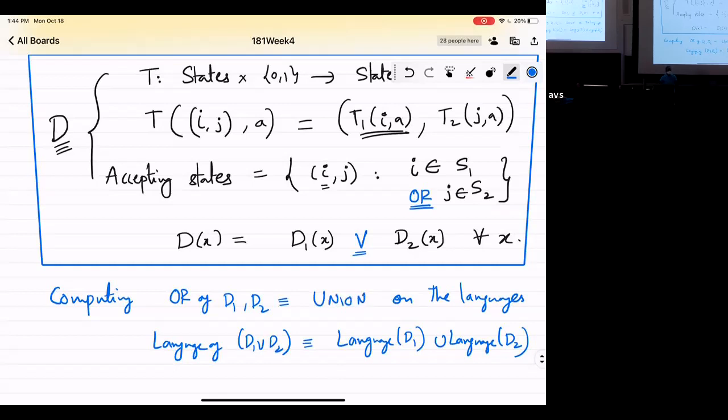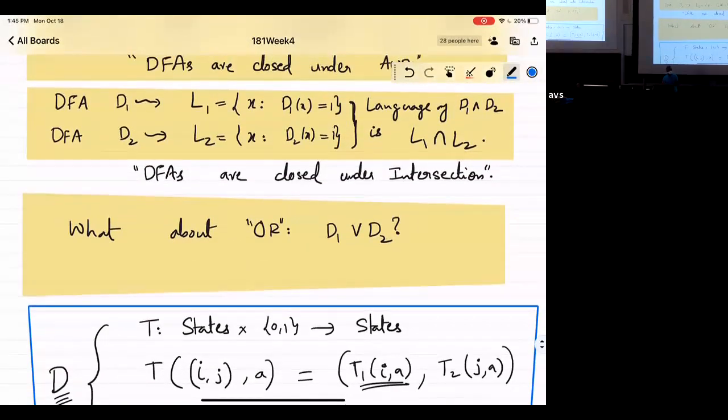Right? So now we have a nice verbal way of saying things. DFAs are closed under union. They're closed under intersections. If I take the set of all languages computable by DFAs, then taking the intersection also gives me a language that is computable by DFAs. Okay? And we'll study a few more closure properties next Monday, and then we'll take it from there.